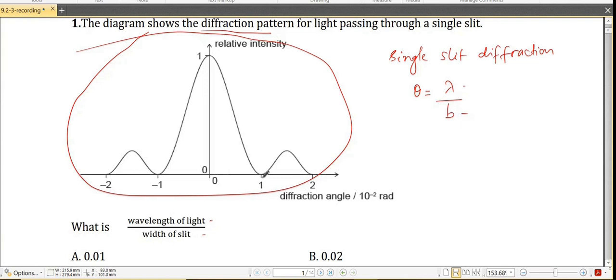So, this is the equation for the first minima, so I'm going to consider the first minima here. What is the first minima? 1 times 10 to the power -2 radians, which is 0.01. Therefore, the answer is here.